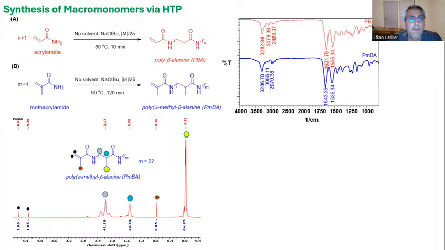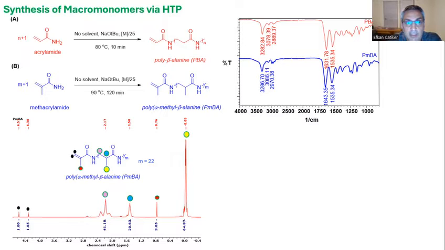In this study, we used acrylamide and methacrylamide as monomers to obtain, respectively, polybetalanine and poly-alpha-methylbetalanine. We used sodium tertiary butoxide as initiator deliberately because the initiator is a very strong and weak nucleophile.